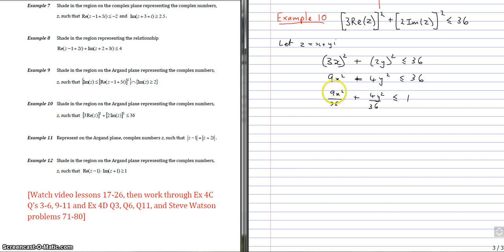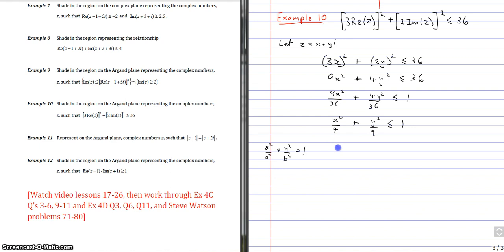We can do some cancelling here. We know 9 goes into 36 4 times, so that's x squared over 4 plus, in this case, y squared over 9 is less than or equal to 1. We want it in the form x squared over a squared plus y squared over b squared equals 1.